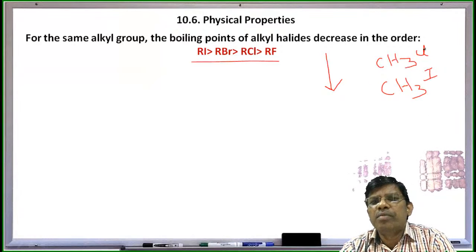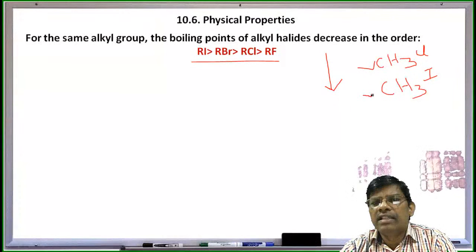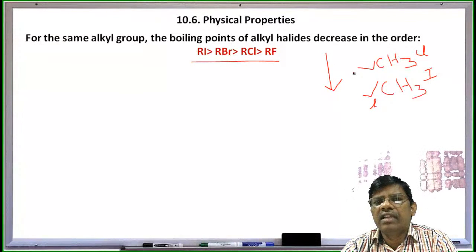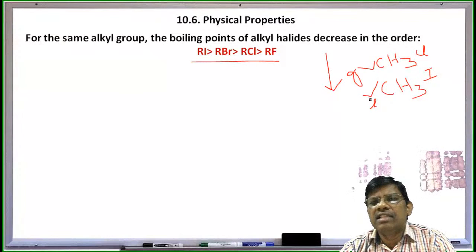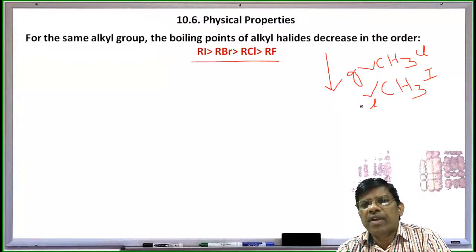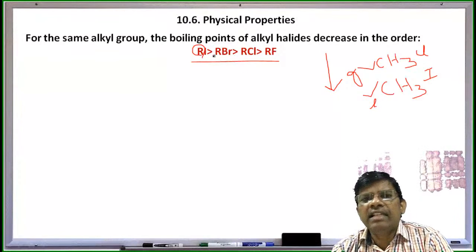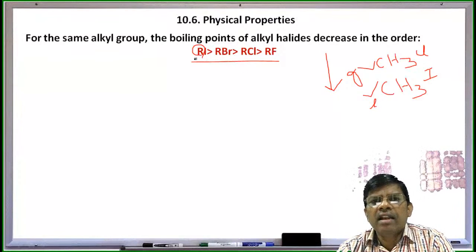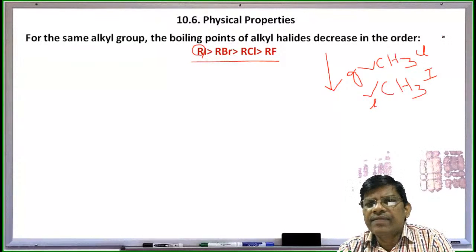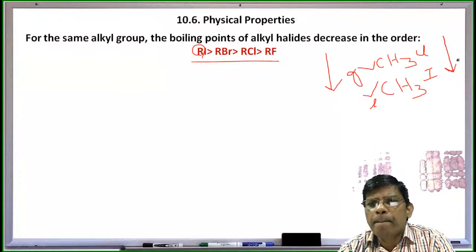Yes, methyl chloride is a gas, while methyl iodide is a liquid at room temperature. So moving from the same alkyl group attached to fluorine, chlorine, bromine, iodine, the boiling points increase from top to bottom.